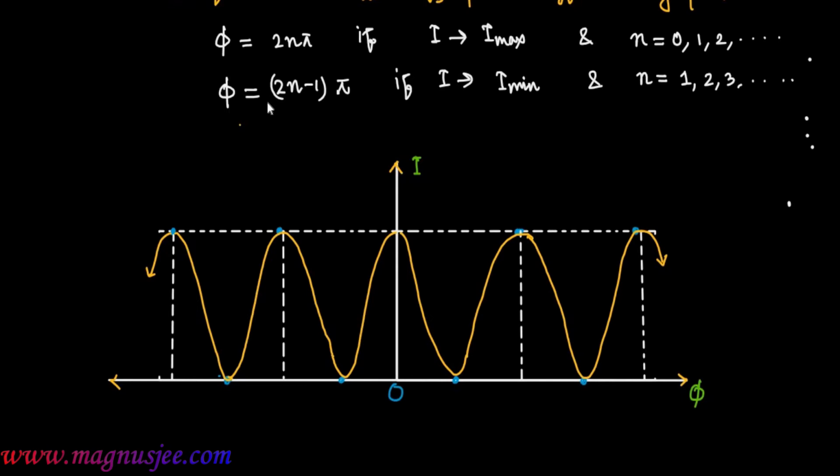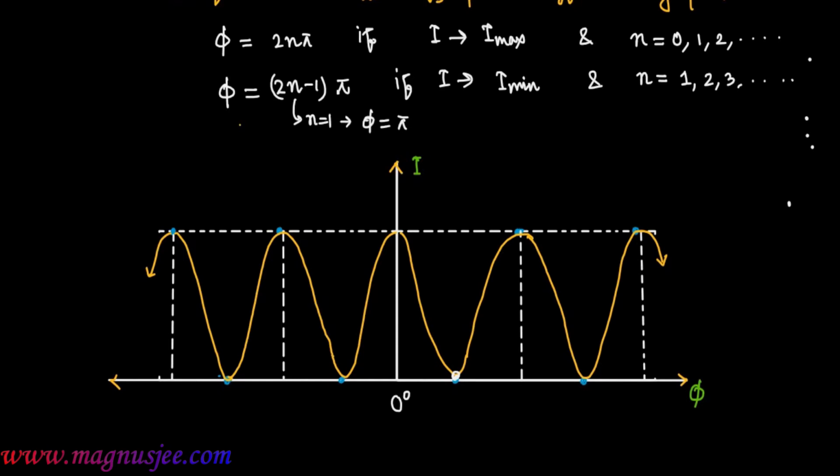Now we can denote the different values of phase difference between two interfering light waves. At the origin of the graph, phase difference is 0 degree.